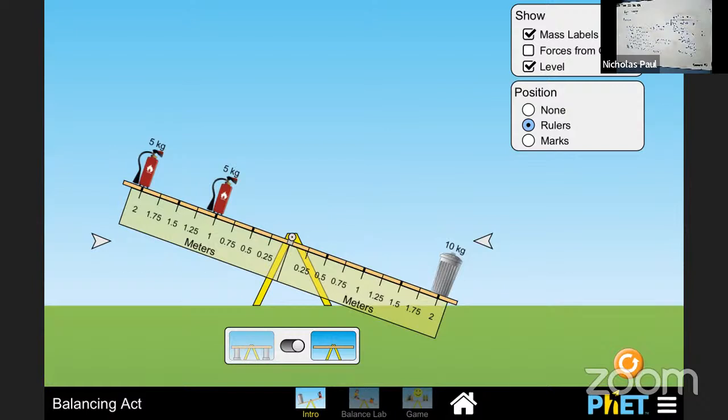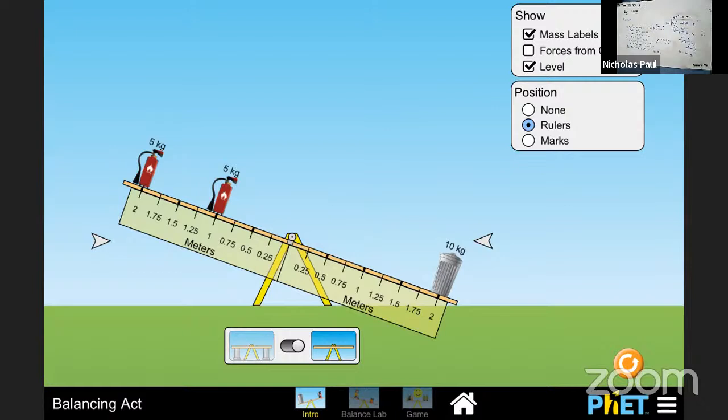I don't know why that's not coming. I want to put the trash can somewhere to balance it off. But I'm leaving the two fire extinguishers at the 2 meter and 1 meter mark. Work out where the 10-kilogram trash can should be.